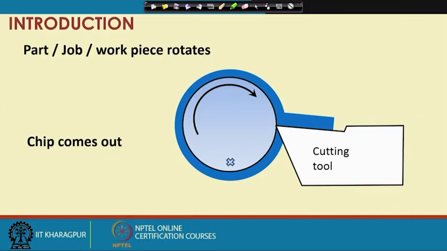So, now that we have identified the basic requirements in the process of metal cutting, now that we have identified its exact position in the family of manufacturing processes, in the next lecture we can take up more detail about first what is a cutting tool and what is a machine tool.